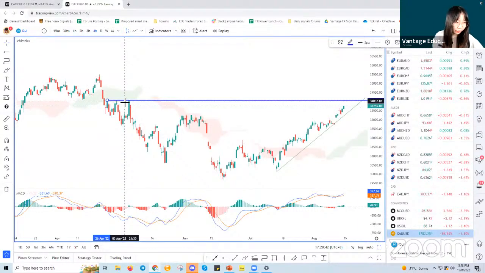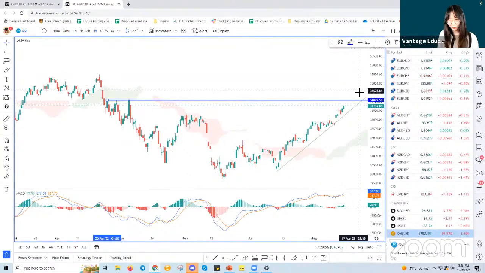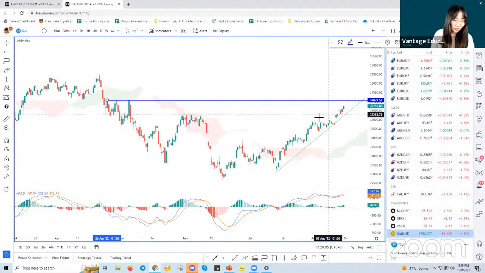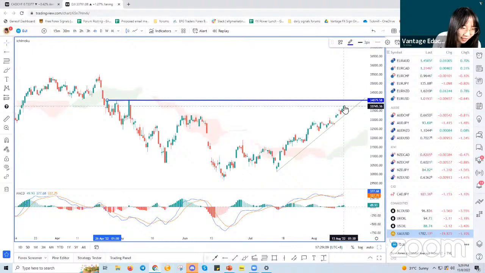So if you are not very aggressive, you want to wait for the market to confirm your idea, so you can wait a little while to see if the market is really going up. But in this case, maybe you will lose some opportunity to earn profit, right? So if you are very confident in your idea, you can enter the market now at this price.